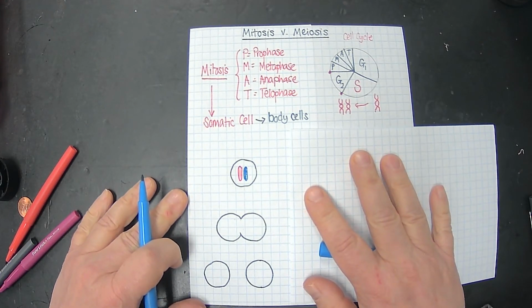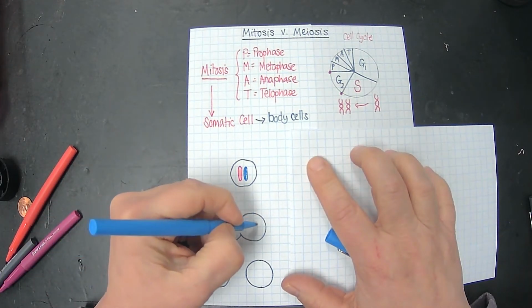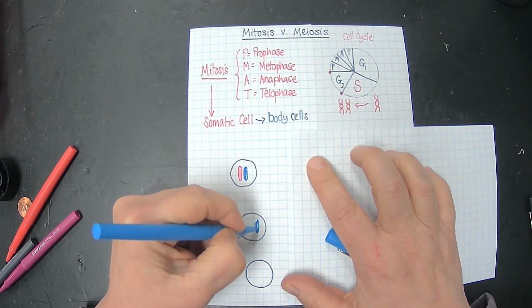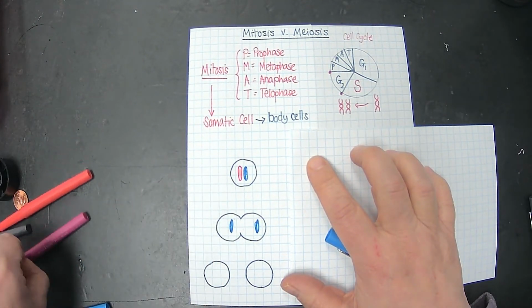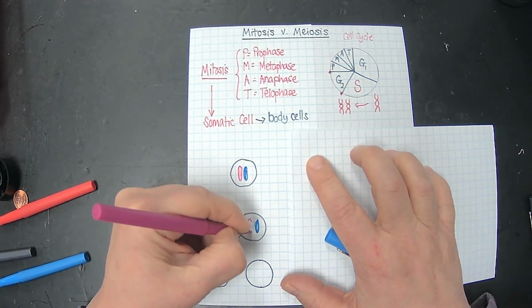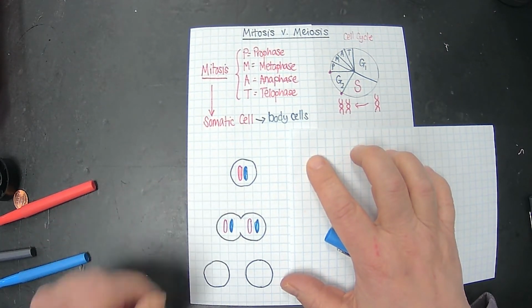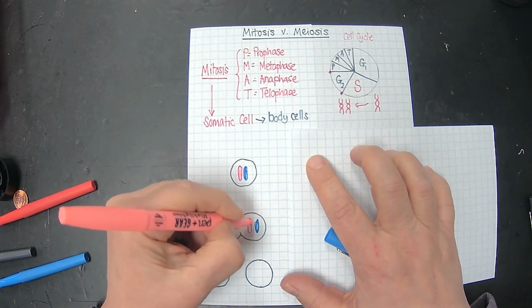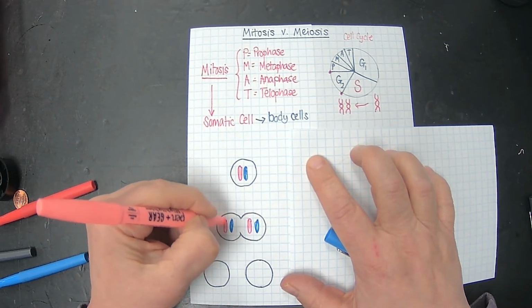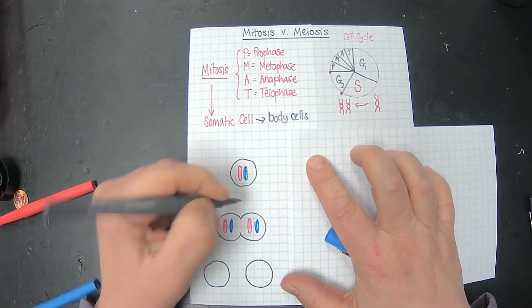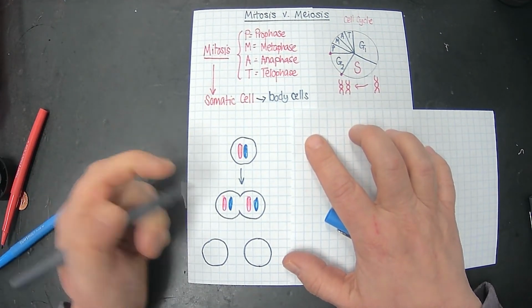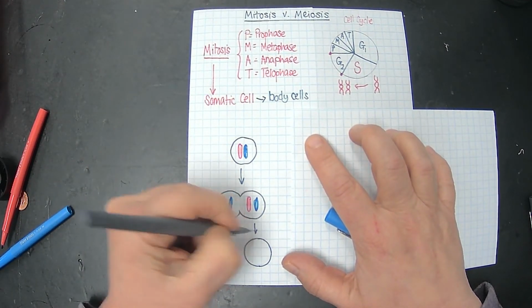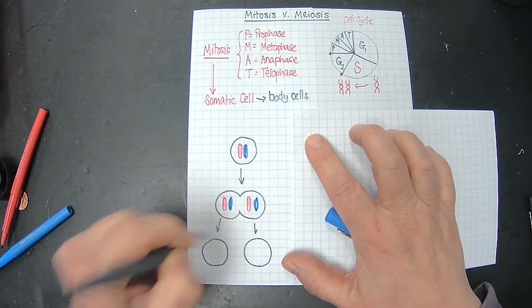And at the end of the S phase, we know that we've got double the amount of chromosomes. So I've got twice the amount of the blue ones, and I've got twice the amount of the pink ones, okay? And then this cell goes through PMAT, and it will split into two cells.